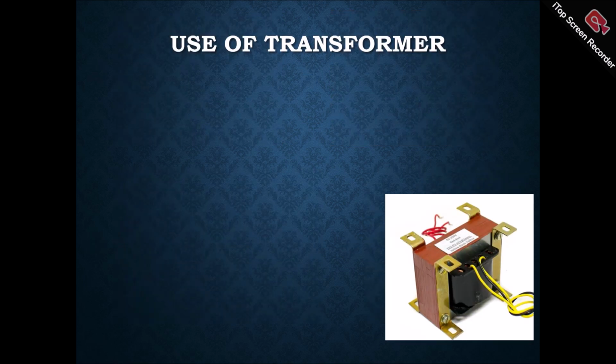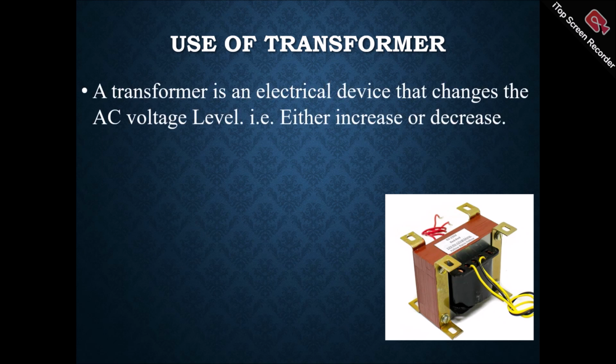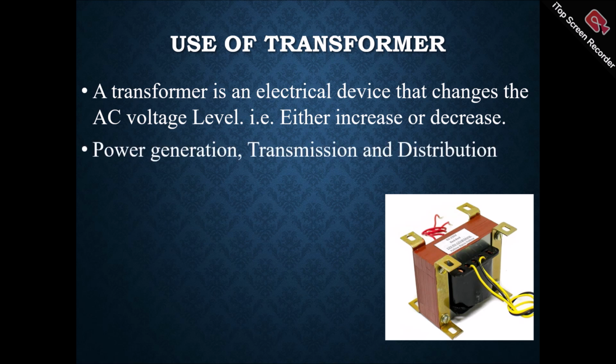Now let's discuss what are the uses of transformers. Very basic and fundamental use of transformer is to change AC voltage level. We have to either increase AC voltage level or decrease AC voltage level. So in that case, we have to use transformer. Apart from that, there are so many uses, such as transformers are used in power generation, transmission, and distribution purposes.